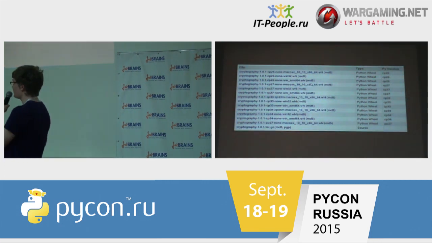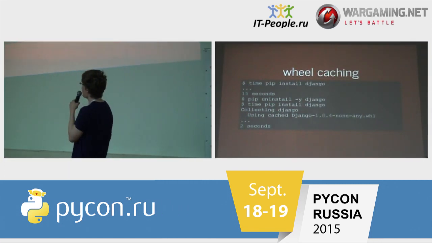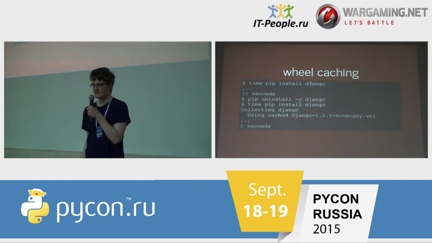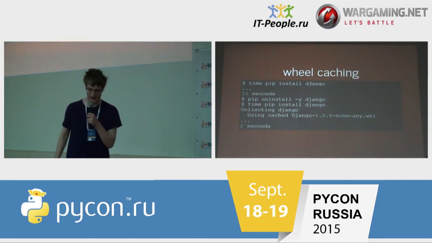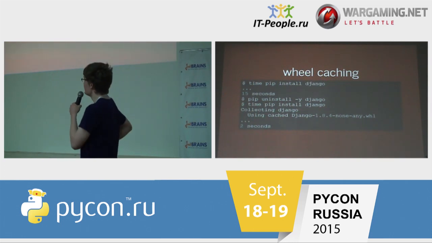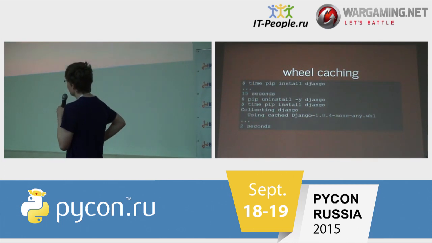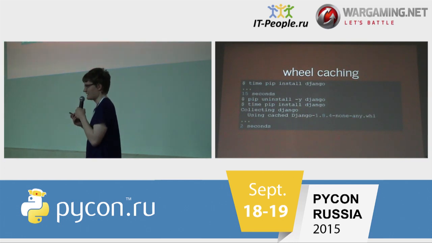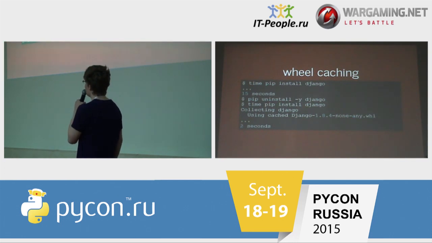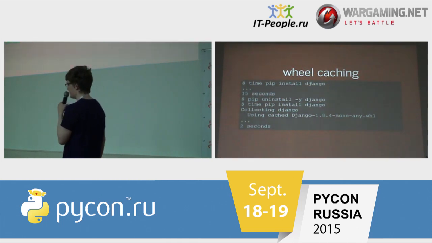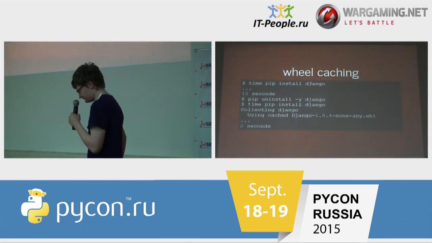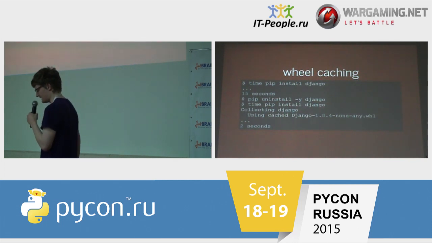Another cool thing about Python wheels is that they can be cached by pip locally, so you don't have to download them repeatedly. So if I just install Django on my pretty fast network from scratch, it takes 15 seconds to download Django and install it.